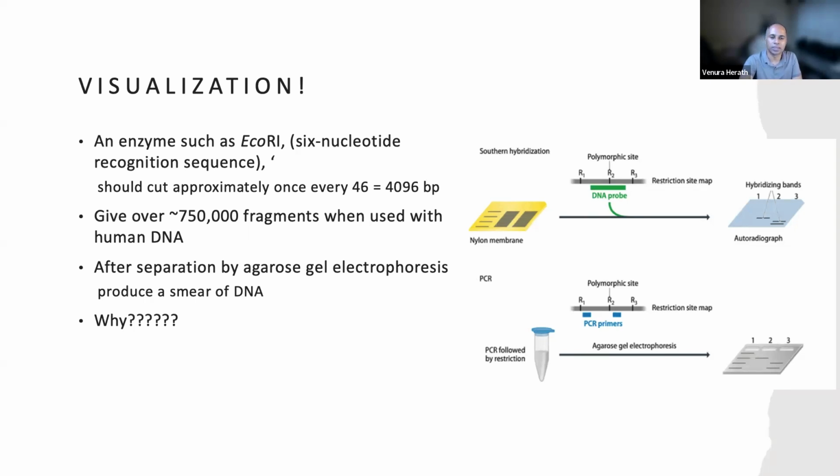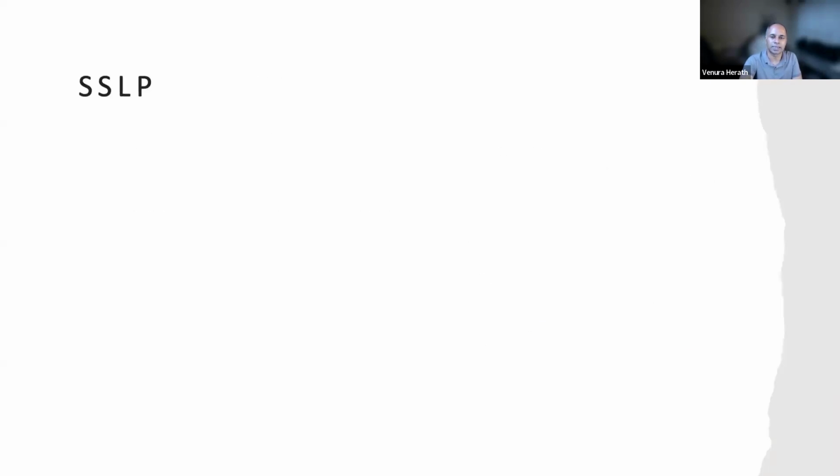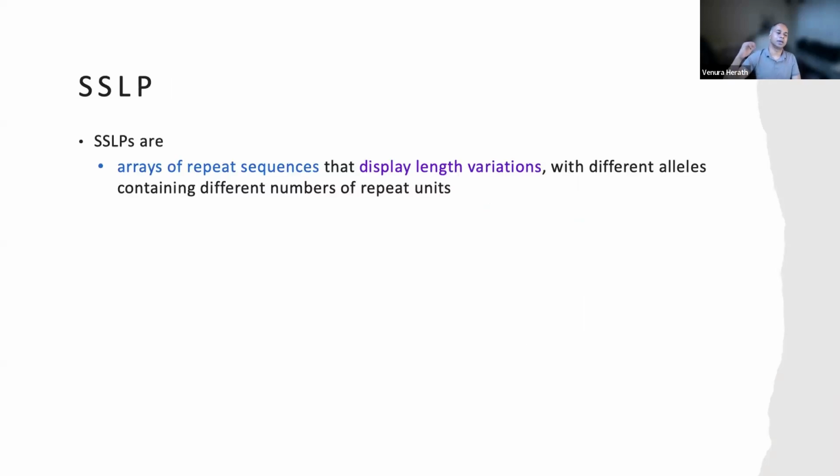Okay. So the second type is SSLP, simple sequence length polymorphism. These are basically an array of repeated sequences, and they show length variations. That means when you have one allele, it can contain a different number of repeat units.